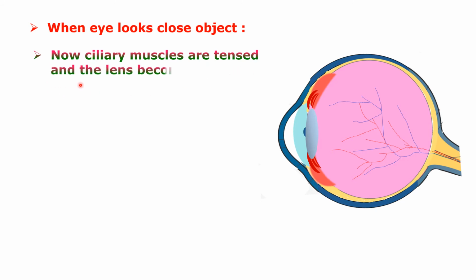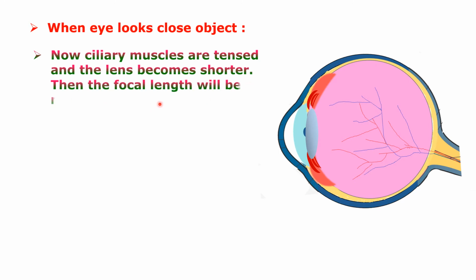See here, this is the size of the eye lens. Now you can compare the size of the eye lens now and the next size. See here, now ciliary muscles are tensed and the lens becomes shorter, then the focal length will be minimum.